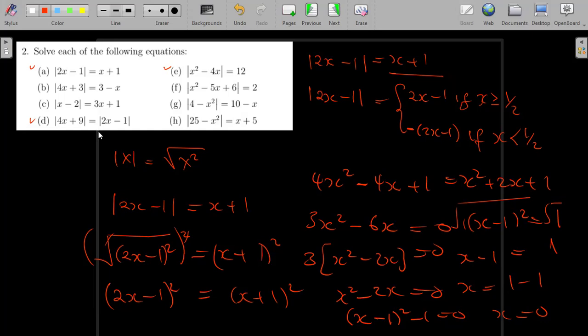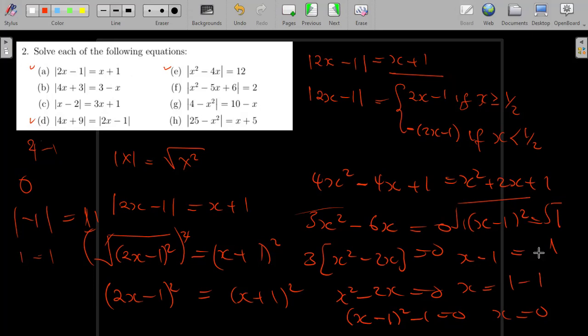So that's how you would obtain that. If you try putting your 0 there, you have 0 minus 1, the modulus of negative 1, which is 1 on the other side, so 1 equals 1.